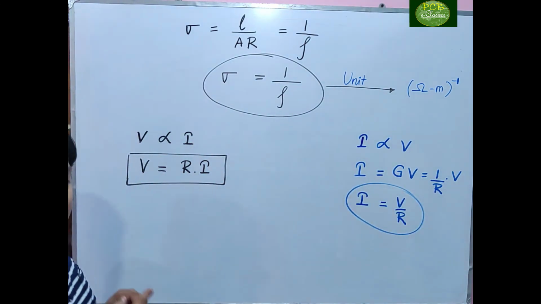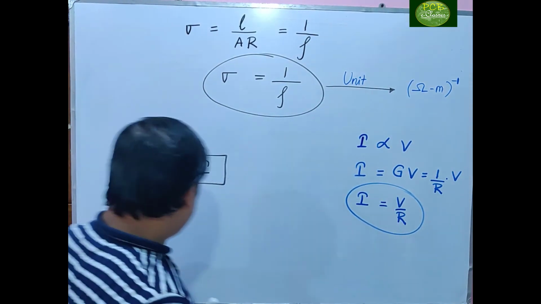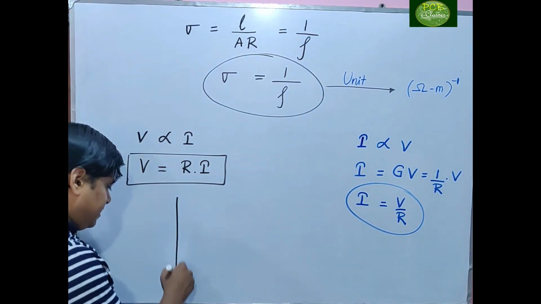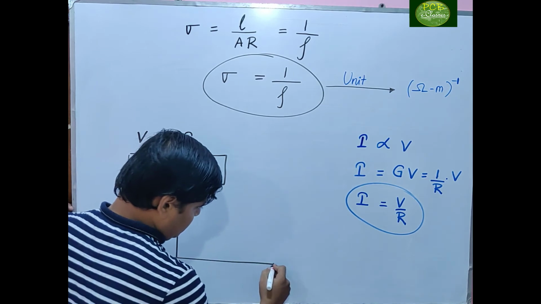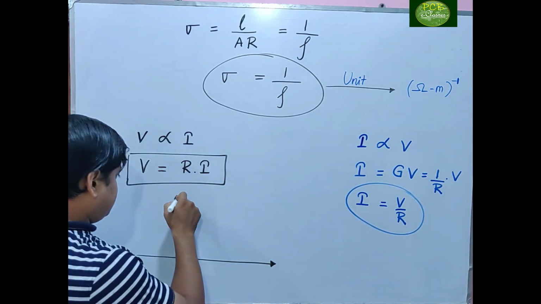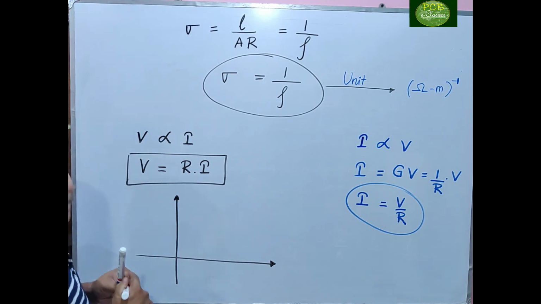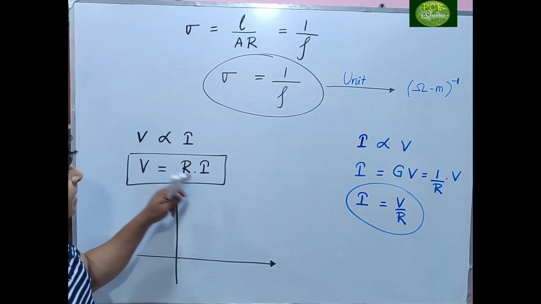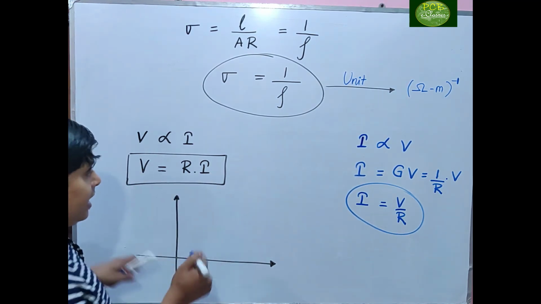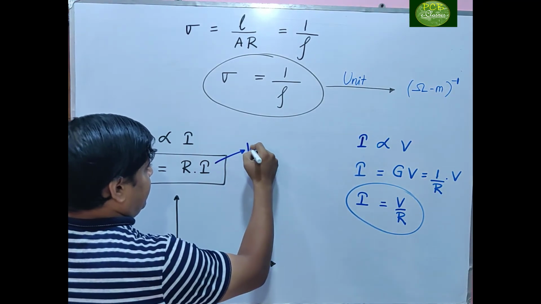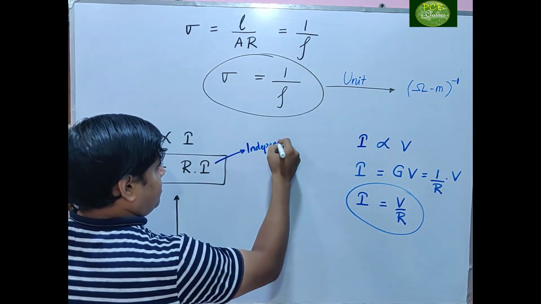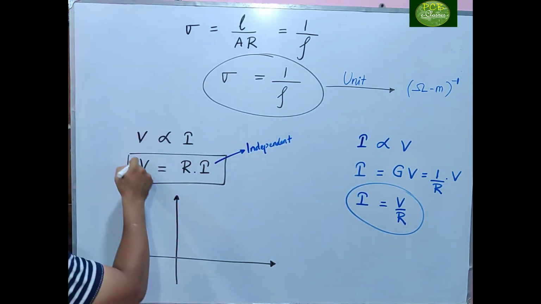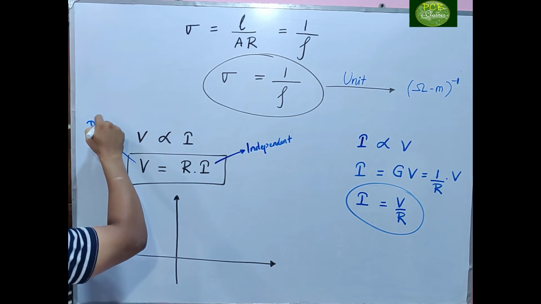Two things. Right? I'll draw its VI characteristic. Who is depending? V is depending on I. V is dependent on I means I is independent, whereas V is dependent.